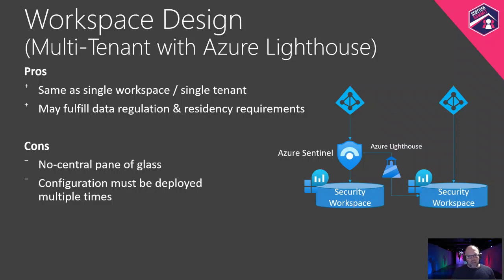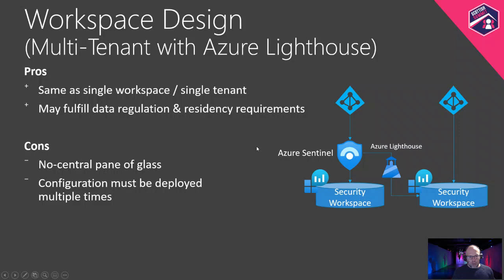Again, if we want to query the log workspaces, we need to create so-called cross-workspace queries. So a query for a holistic view should span multiple workspaces, which is possible, but it's harder to create these queries. A little bit more effort has to be done here.